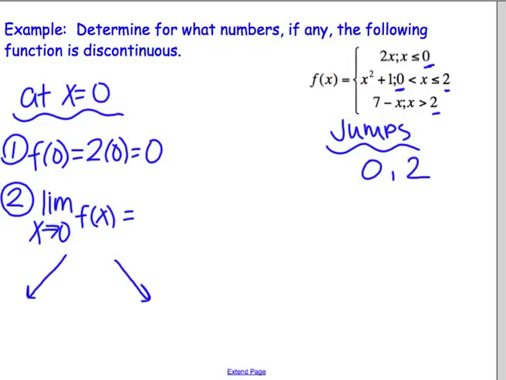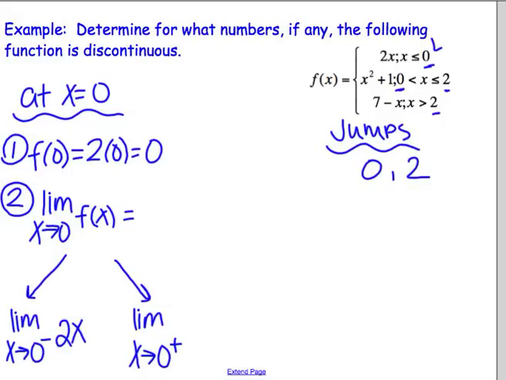Now, we're going to have to check it coming from both sides, from the left and from the right. From the left, we're looking for numbers lower than 0. So that would be that 2x function. And it looks like the limit of 2x is going to be 0.